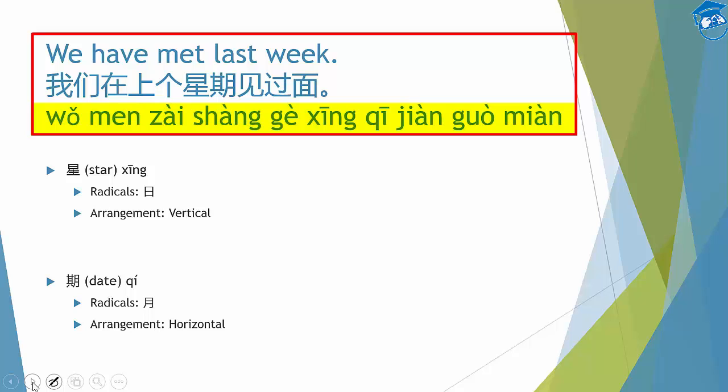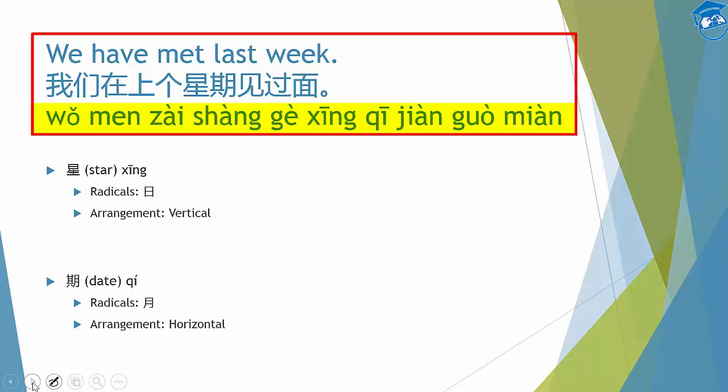Again I have used the word 在, and 上个星期 is last week. 见 is to see, 过 is to indicate that 见 has already happened, and 面 is a new word. It means face, which I'll explain later.